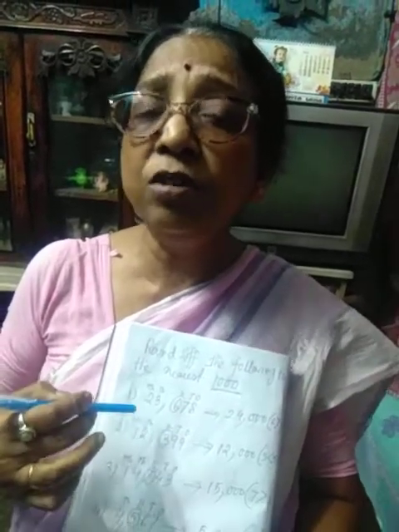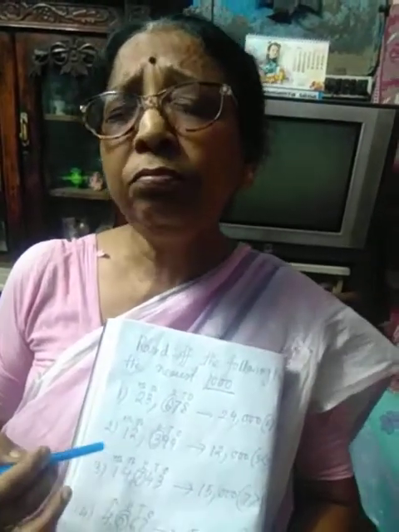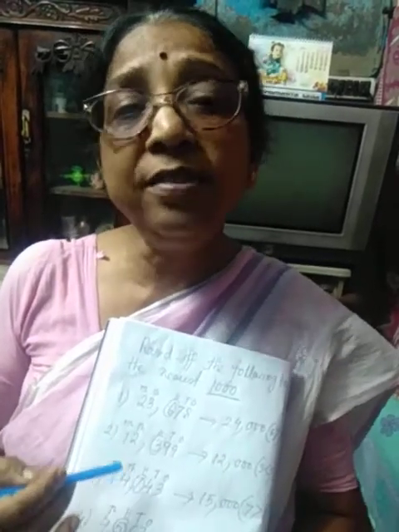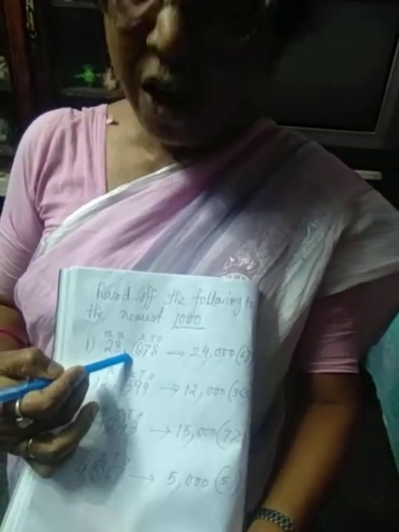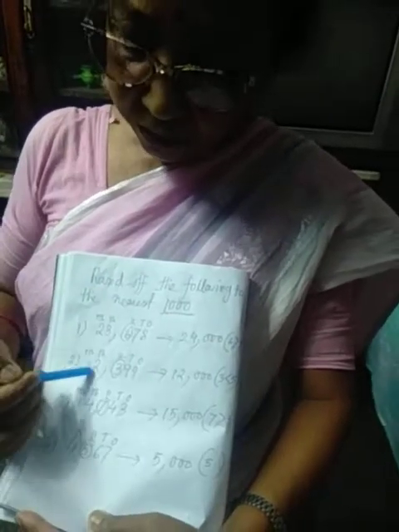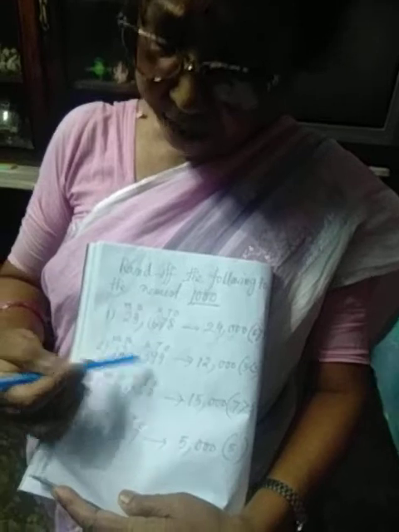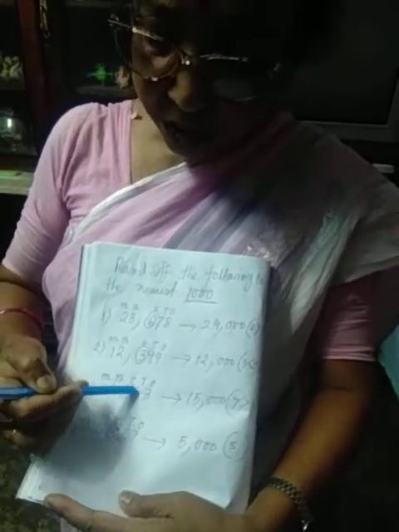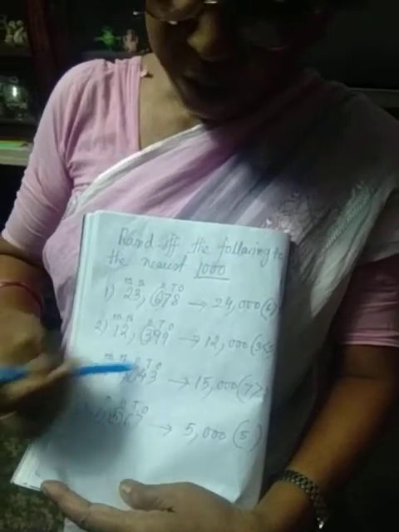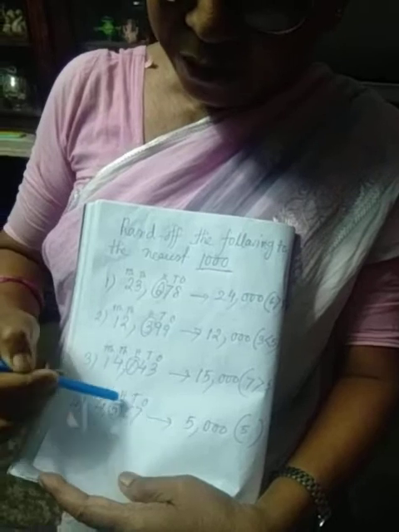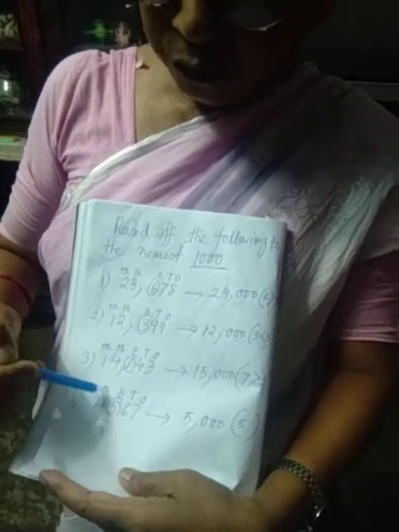And if the 100 place number is less than 5, the 1000 place number is totally unchanged. 23,678, 6 is greater than 5, so 24,000. 12,399, 3 is less than 5, so 12,000. 14,743, 7 is greater than 5, so 15,000. 4,567, 5, so 5,000. Okay. Now if you practice it, you will do it very easily.